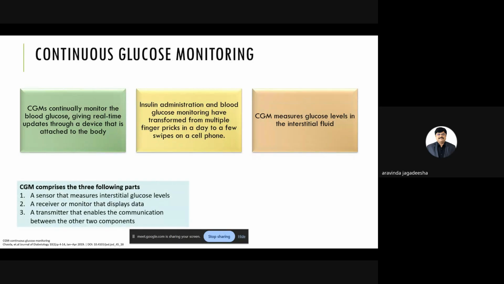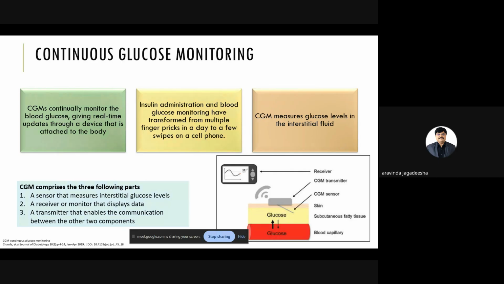So the CGM comprises the three following parts: a sensor that measures interstitial glucose level, a receiver or monitor that displays data, and a transmitter that enables the communication between the other components.